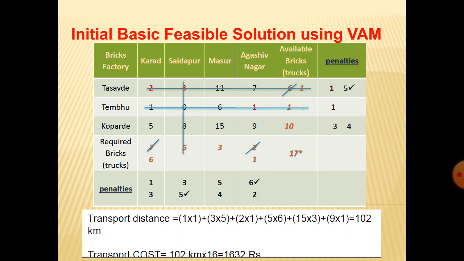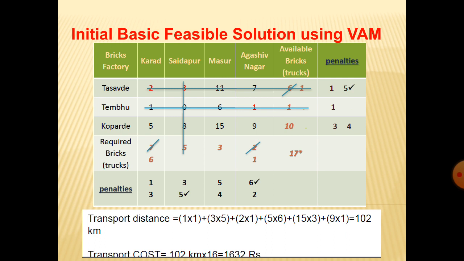Now listen carefully. In the row wise penalties and column wise penalties, which is the maximum penalty available? 6 is the maximum penalty. Okay. For the 6, you have to select the minimum in the row. In this row, you have to select the minimum cost.